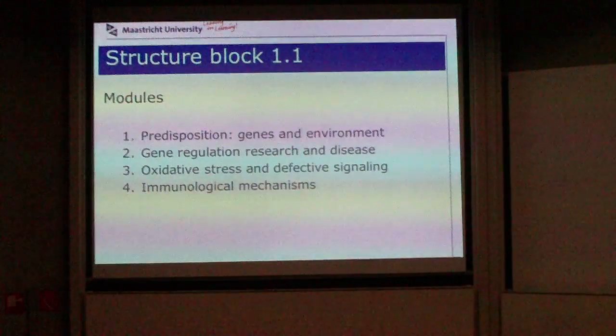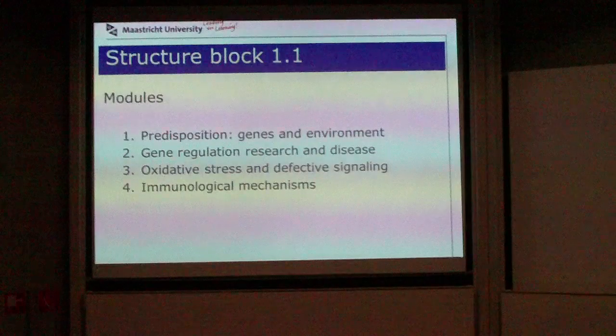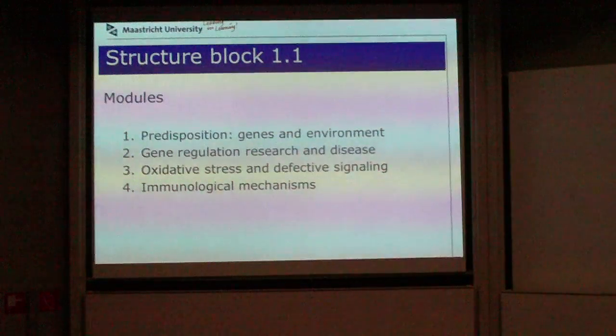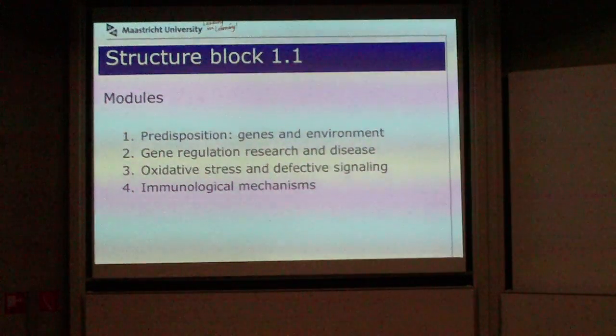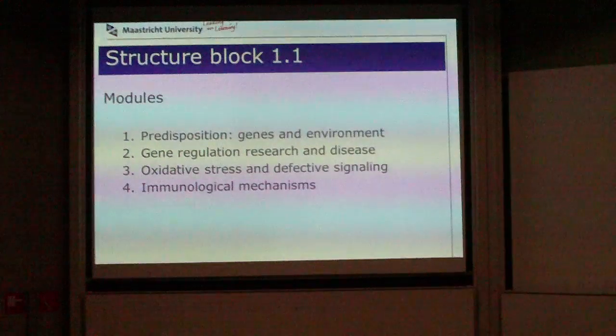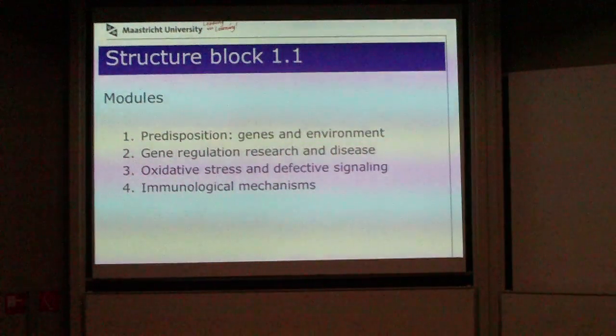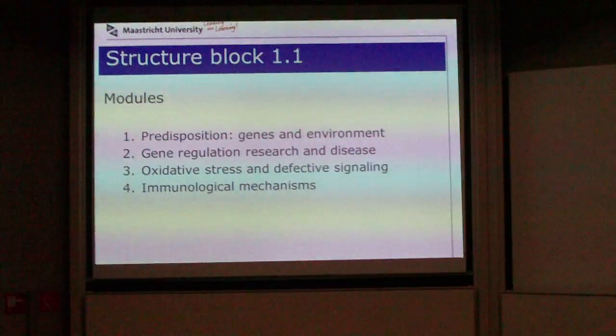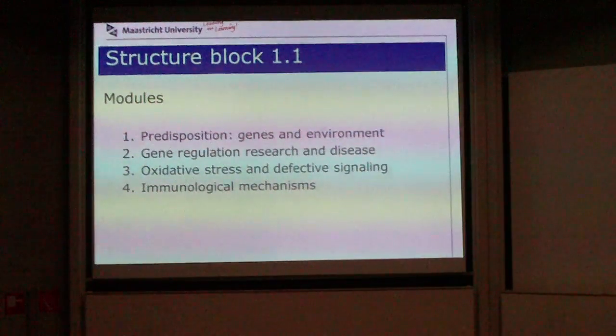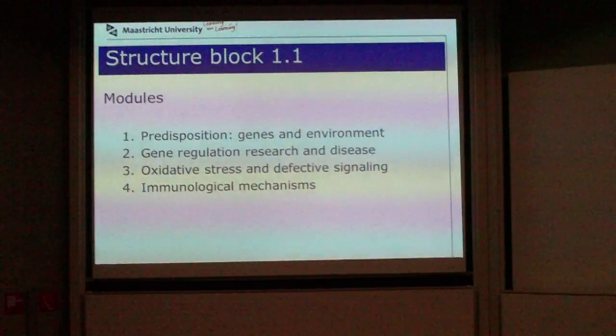Then the third module is on oxidative stress and how oxidative stress can impact on cell signaling. Now, probably you all have heard about oxidative stress, and you know about the importance of antioxidants. Here we will go a little bit more in detail on what we actually mean by oxidative stress, how you can measure it.